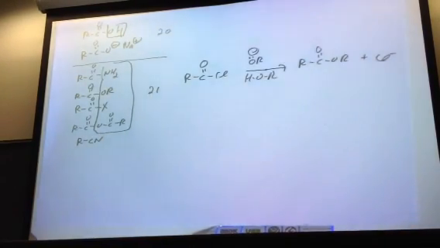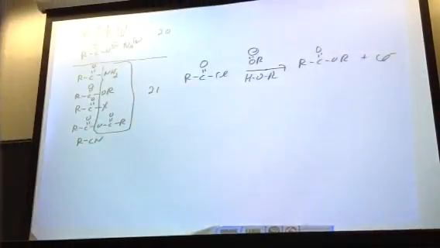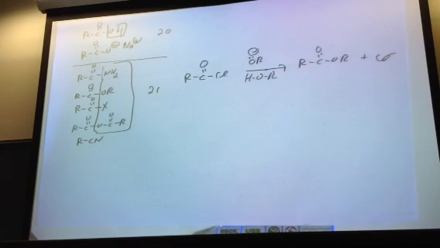It's got to be 2 steps, and it's got to be 2 arrows in each step. So I'll be looking for 4 arrows, 2 arrows in the first step, and 2 arrows in the second step.